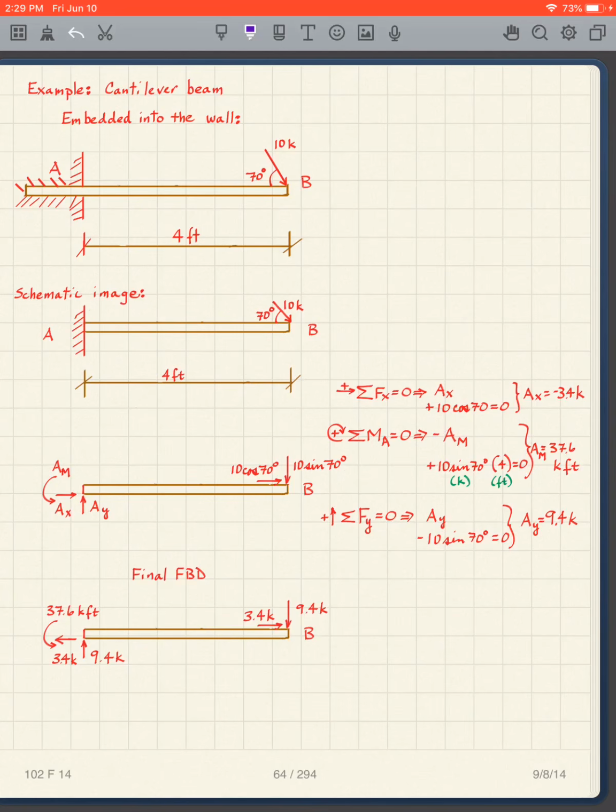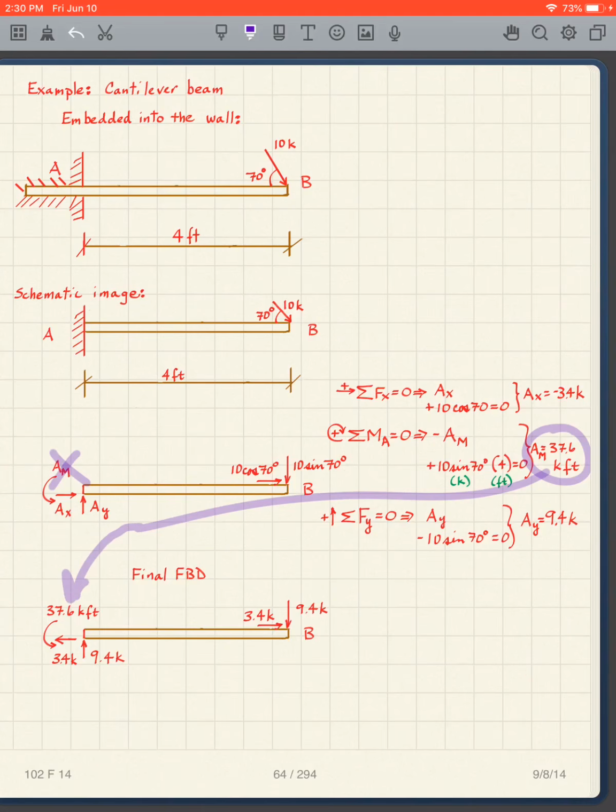And then, in this case, we're just going to take the sum of the forces in the y direction equals 0. So I have my AY, and 10 sine 70 goes downward, so it's negative. I get AY is 9.4 kips. So here's my final free body diagram. And notice, this is a positive number, so I take that and put it there.